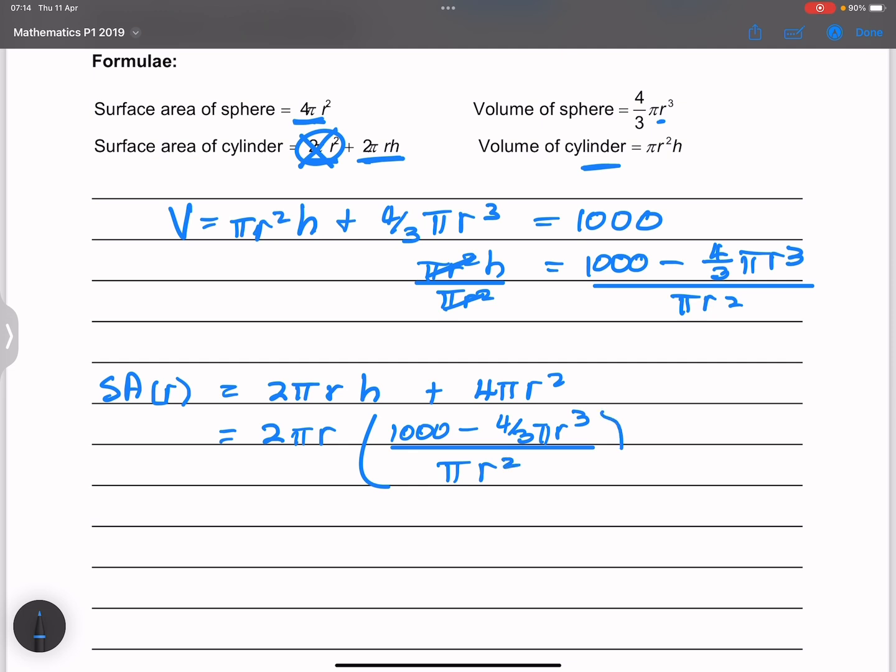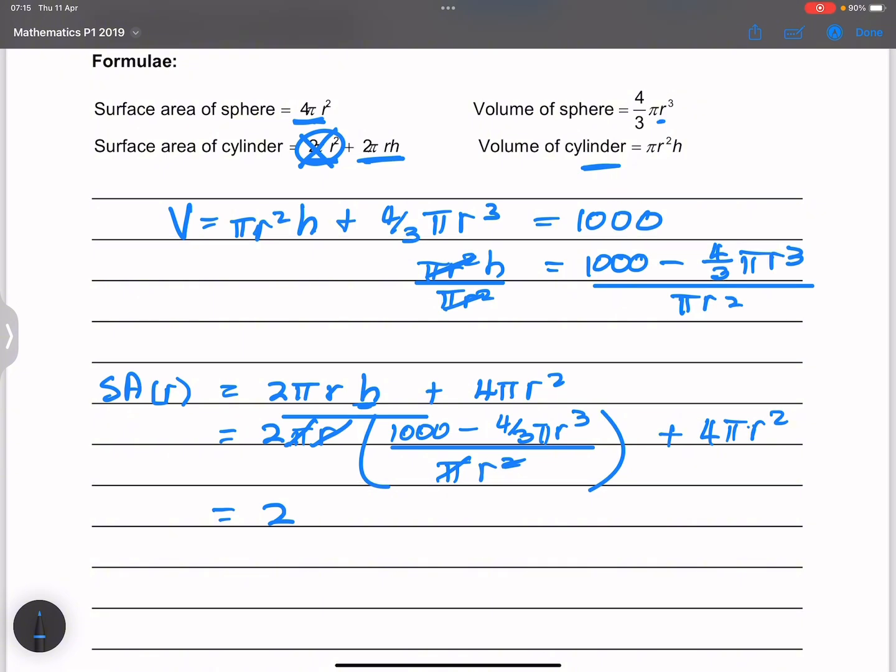Right, so this was just the h, plus this is 4 pi r squared. So what happens there? This pi will cancel with that one. This r squared cancels with that r. So I'll have, in this case, 2 times 1000 over r.